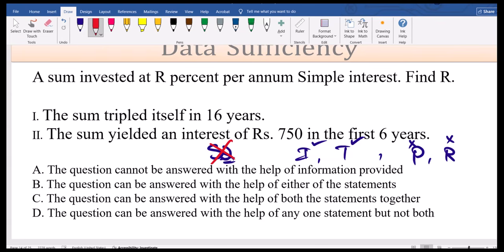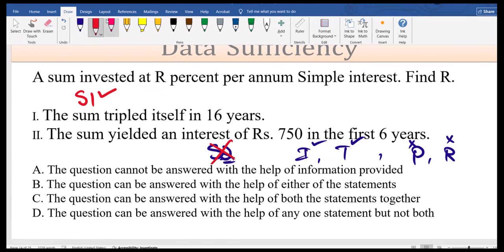Is 1 alone enough? Yes, one alone we can do. How, sir? The amount becomes triple. Take any amount, let's say 100. It becomes 300, so the interest is 200. Let's say x becomes 3x, meaning the interest is 2x. The increase is because of interest.